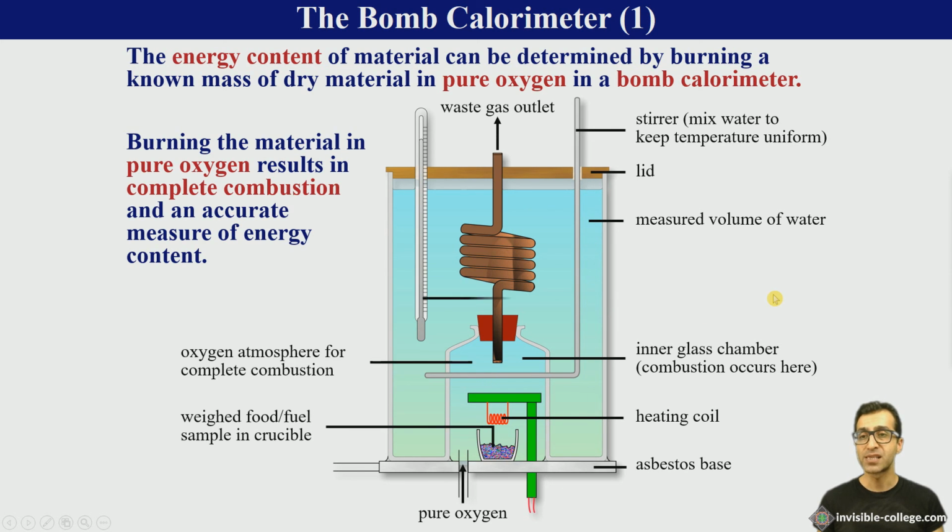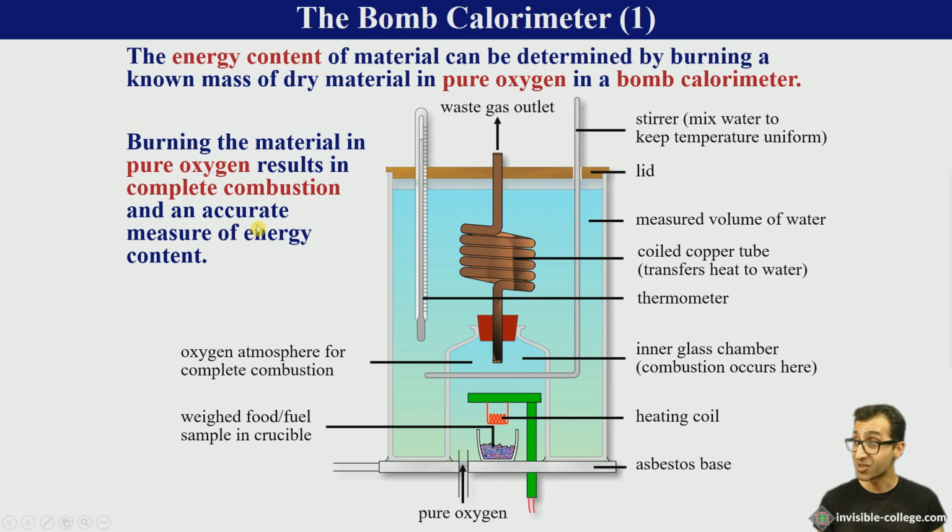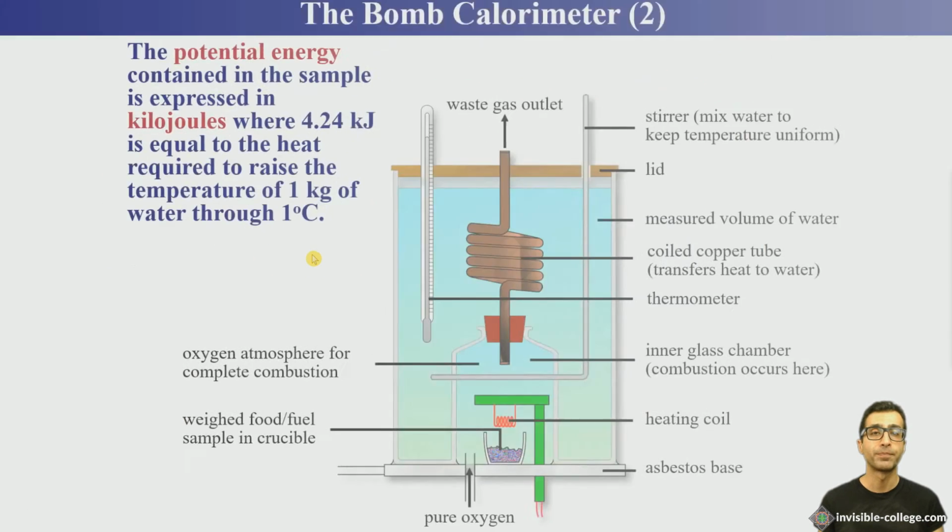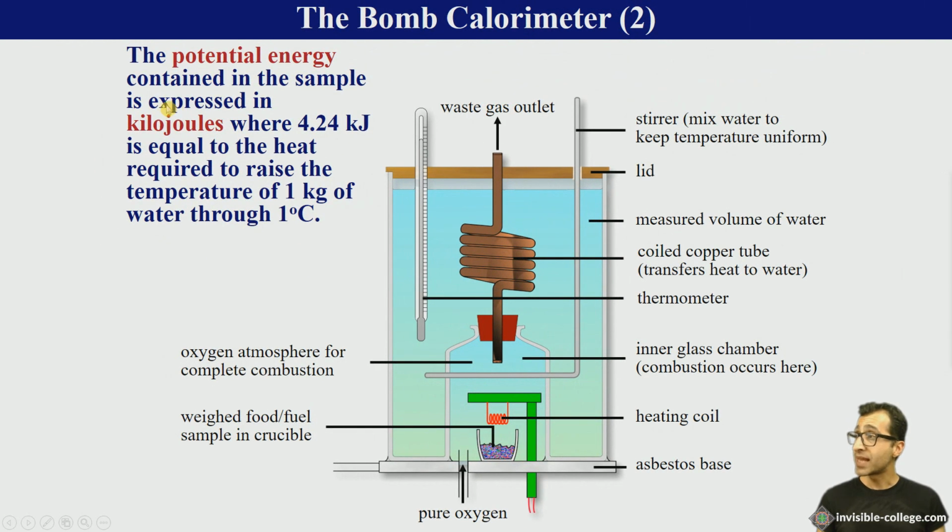So this is basically the setup for a bomb calorimeter, and this is about as accurate as you can get for calorimetry, even though there are some losses to the environment here. So the potential energy contained in the sample is expressed in kilojoules, where 4.24 kilojoules is equivalent to the heat required to raise the temperature of 1 kilogram of water by 1 degree centigrade. So the specific heat capacity of water is 4,200 joules per kilogram of water per degree centigrade of increase in temperature.